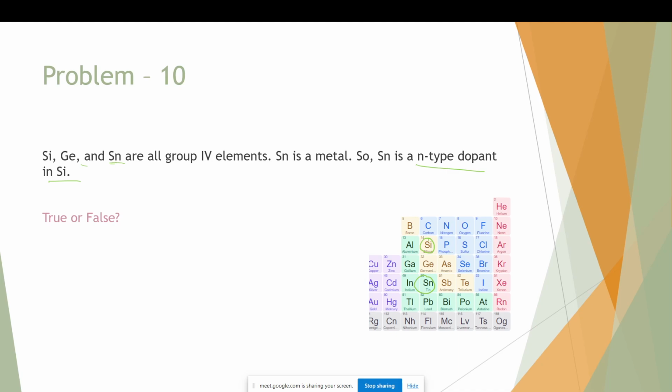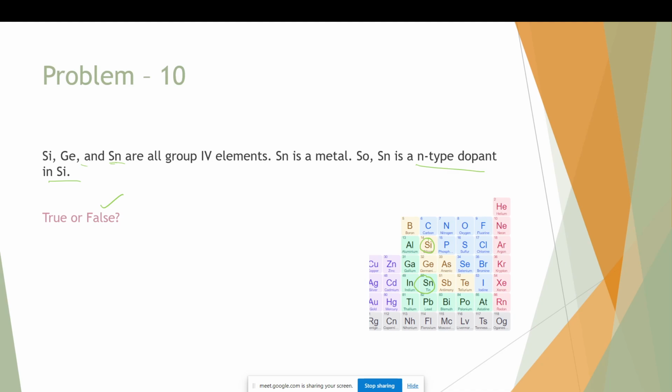So n-type dopant means it's an electron donor type. Do you think it is true or false? It's false. For n-type dopant, we use pentavalent elements. Yes, most of you are saying false, and that's actually the correct answer.